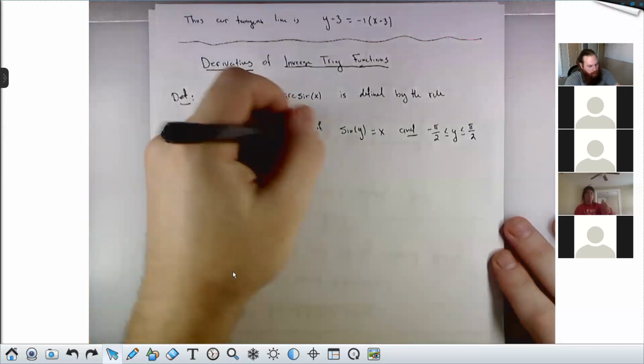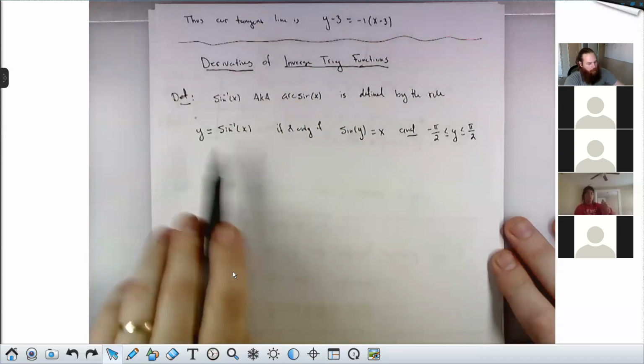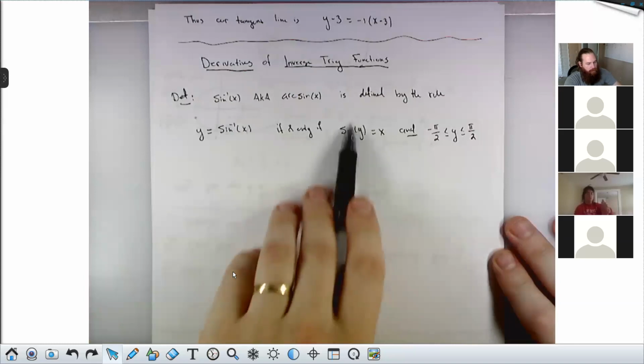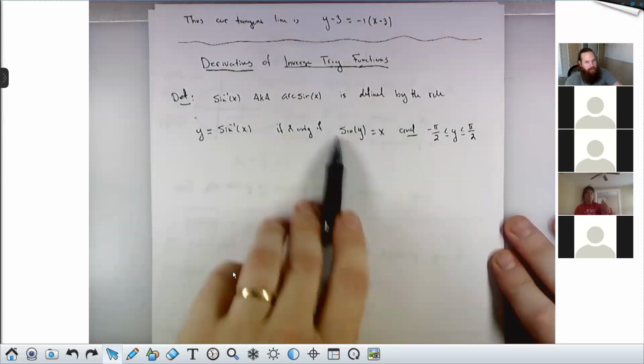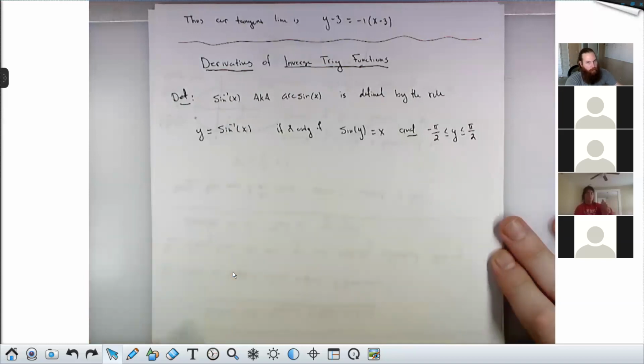But this is an if and only if. So the rule that defines this function is the same as this. So I can differentiate this implicitly and try to solve for y prime.